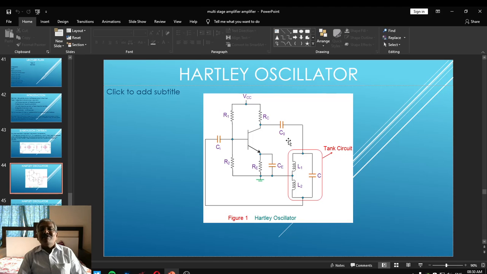When the collector current passes through the tank circuit, the capacitor C will start charging with the polarity upper terminal positive and lower terminal negative.